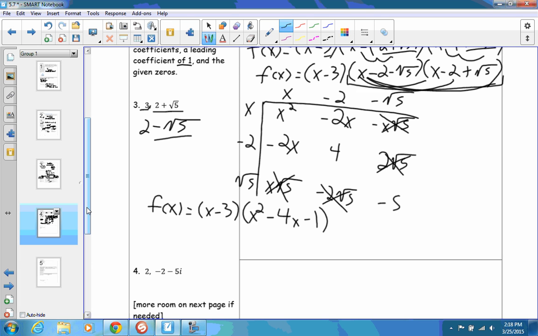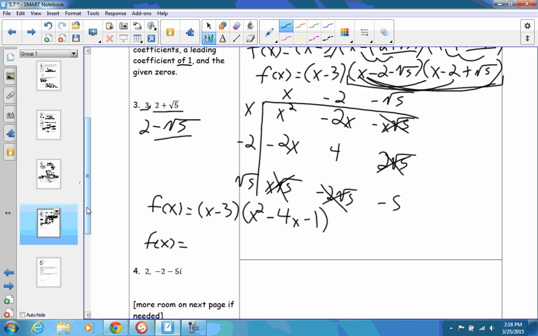So, what's left? I'm not done yet because I need to write out this polynomial. There's only one more step. What is it? I just need to distribute one more time. Okay, let's do it one more time. f of x equals, and this is where I just do the lines.